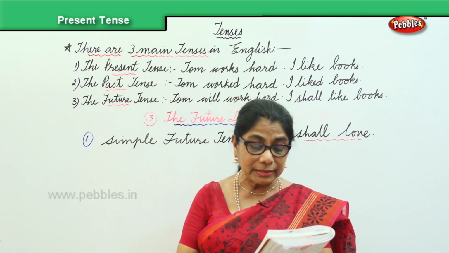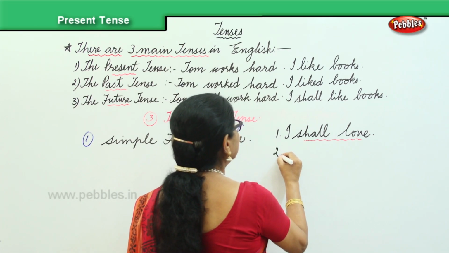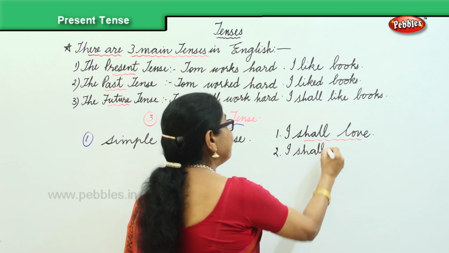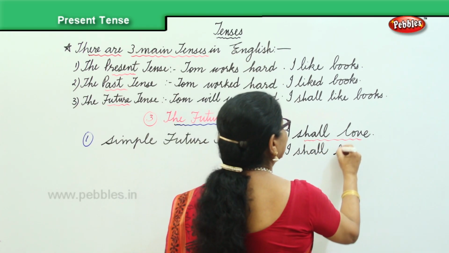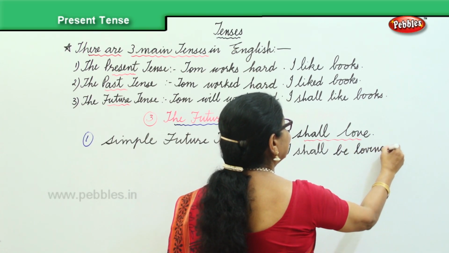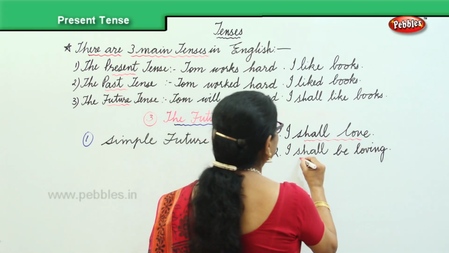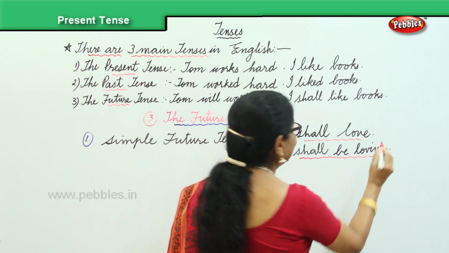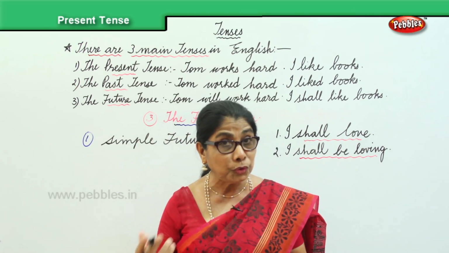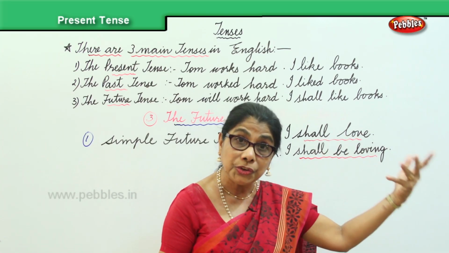And the second we have is I shall be loving. The second form is I shall be loving. Look at the verb shall be loving. This verb shall be loving is in the future. Shall be loving. Future continuous tense.